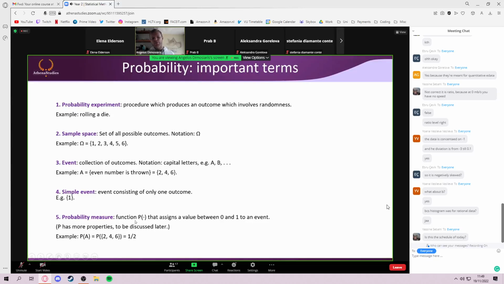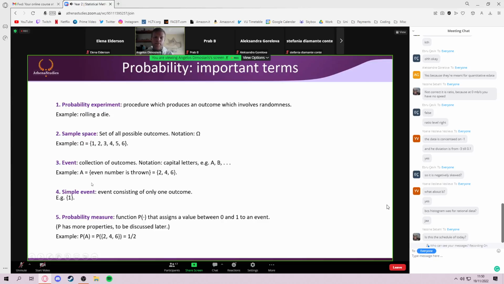And then you measure the probability. What are the chances for each event to happen? You have a value between 0 and 1. For example, here we have the probability that the event A will happen.